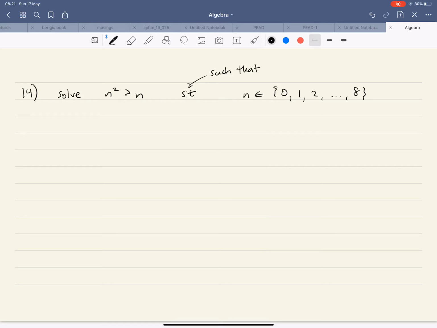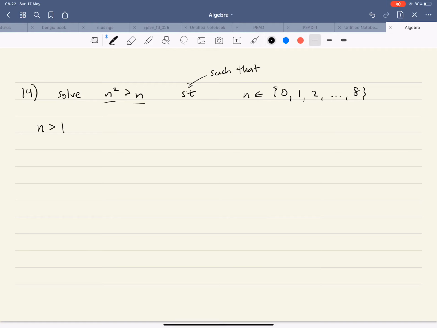what we would really like to do is isolate n again, right? Here we have a little bit of a problem in that we have the n squared here and the n over here, and the way that we would want to isolate n is by dividing both sides by n, right? Because then we would get n is greater than 1.